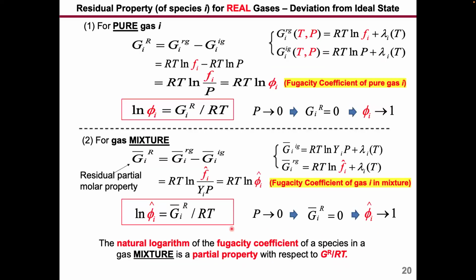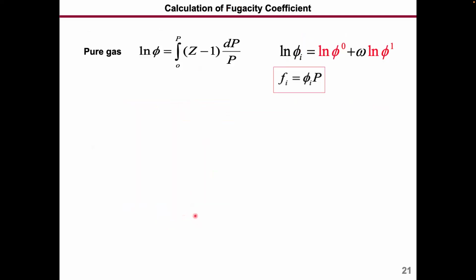Now, the reason why we want this equation is that we can actually use it to calculate the fugacity coefficient, right? So G^R we already know how to calculate, and Ḡ^R we also know how to calculate.